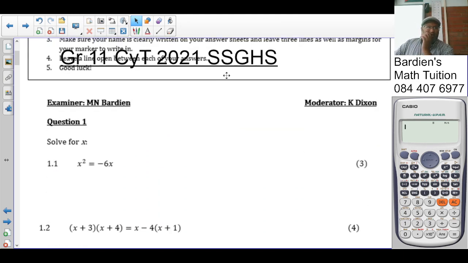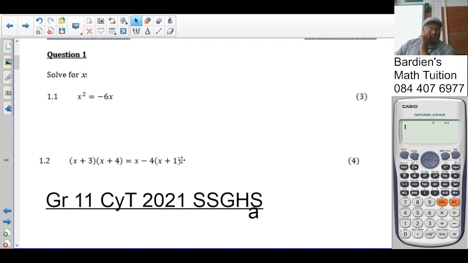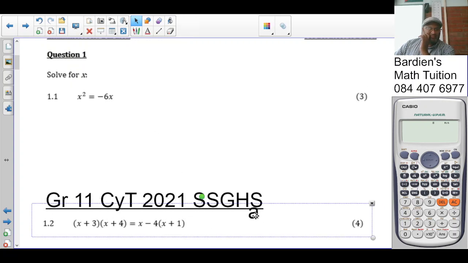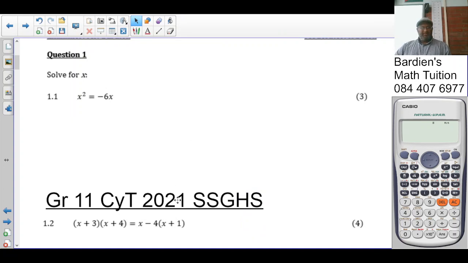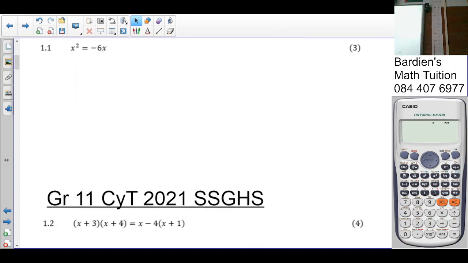The first question says solve for x. Can I divide by x? No, otherwise we will be losing a solution. So we take that over the equal sign and I get x squared plus 6x equals 0.